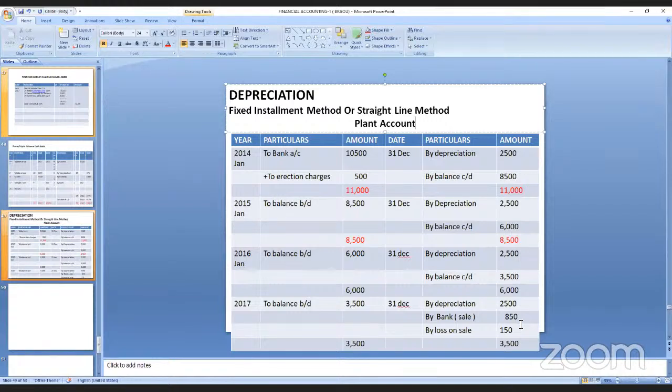That 150 is a loss. When you sold your machine, that is the loss on the machine. Now understood?